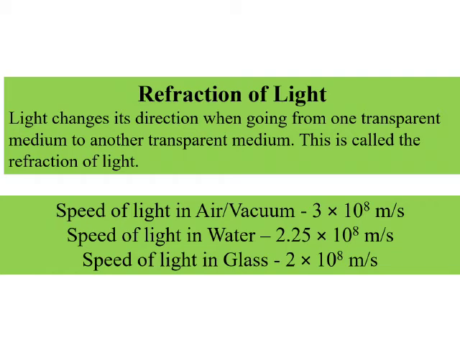Speed of light in water is 2.25 × 10^8 meters per second, and the speed of light in glass is 2 × 10^8 meters per second. So we find that the speed of light in glass is least, that is 2 × 10^8 meters per second.